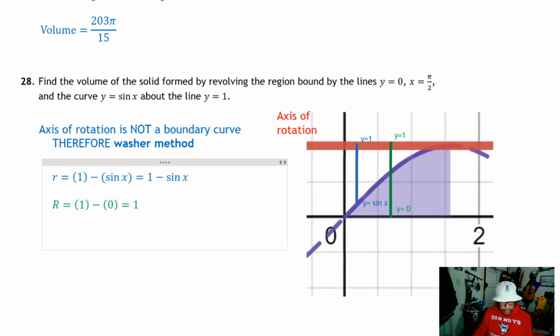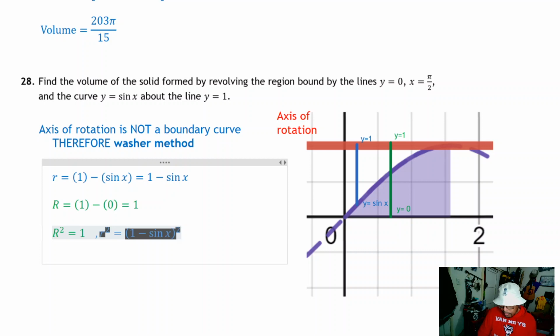Our large radius squared is going to equal 1. And our smaller radius squared is going to be the quantity 1 minus sine x, this whole thing squared.